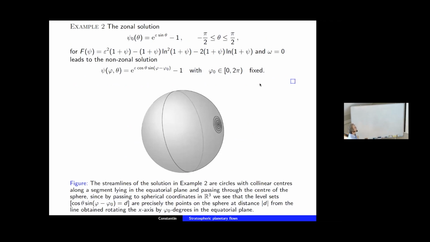So the same trick you can do here. This is another zonal solution for this complicated f. And then when you combine with the rotation, you can get this expression, and these are the levels of the streamline. Okay? And I can place this point wherever I want. So you get a few solutions of this type.